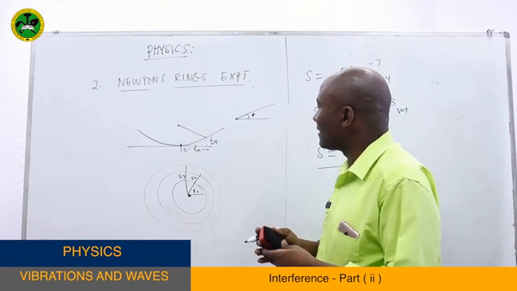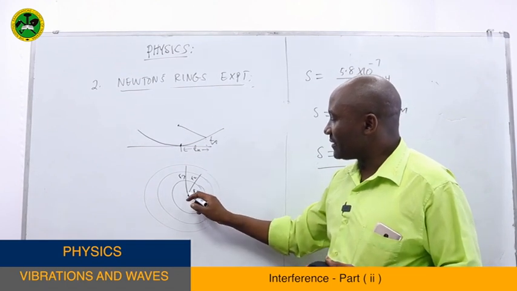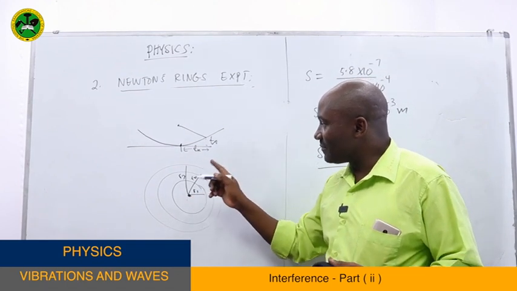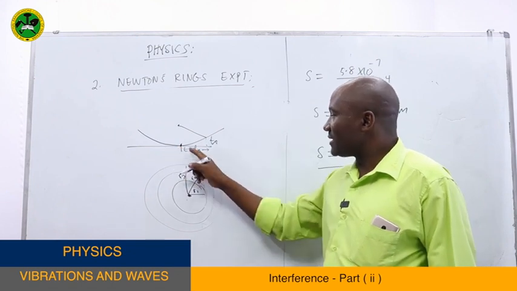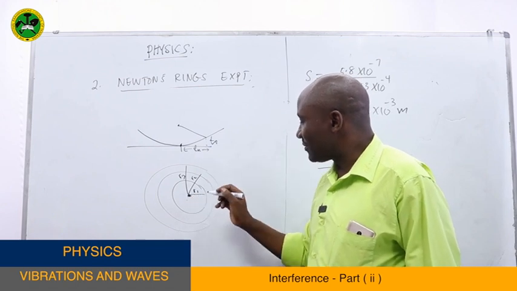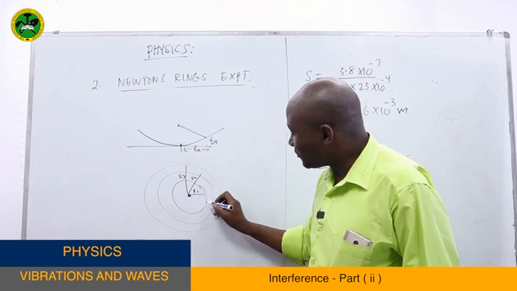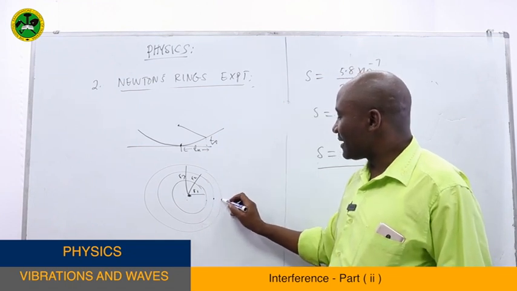But here the point of contact is at the center, meaning that the first image is given the name dark. It's not a ring, it's a dark spot. The starting point here is the dark spot. And the other images will be the first dark ring, second dark ring, third dark ring.